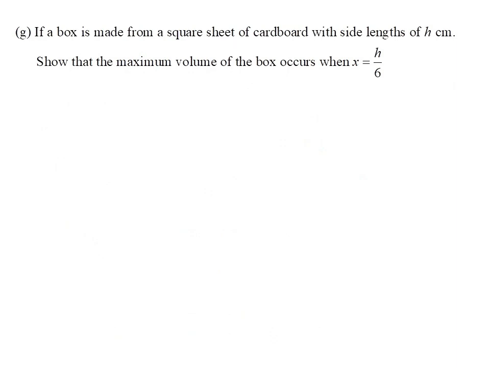If a box is made from a square sheet of cardboard with side length of h cm, part G of this question is asking to show that the maximum volume of the box occurs when x equals h over 6. Based on the box being made from a square sheet of cardboard, from our earlier formula, the volume of the box, VBox, equals x times (h minus 2x) times (h minus 2x), which is x times (h minus 2x) squared.